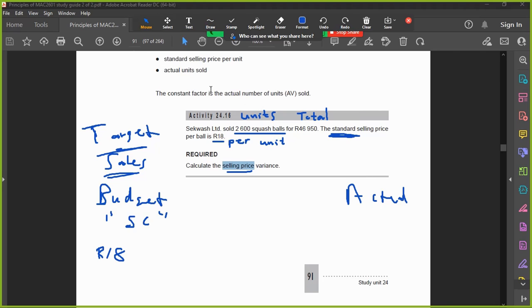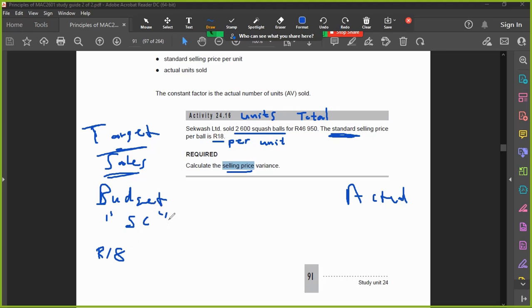So we're going to say 46,950 divided by 26. But that's 1805. Remember, what are you trying to determine? You're trying to compare what you expect in terms of budget versus what you expect in terms of actual. Does that make sense?